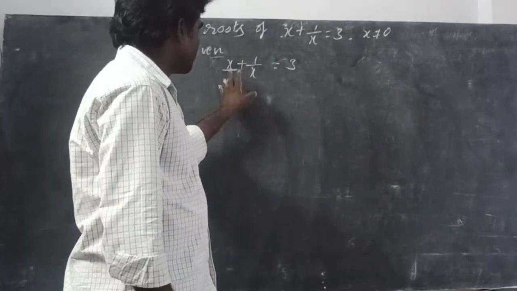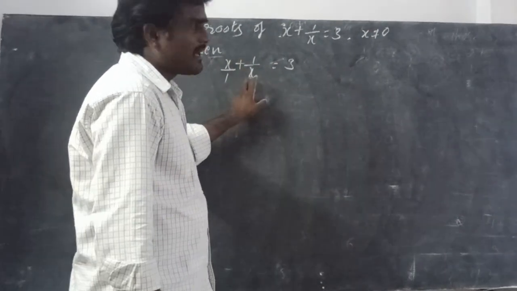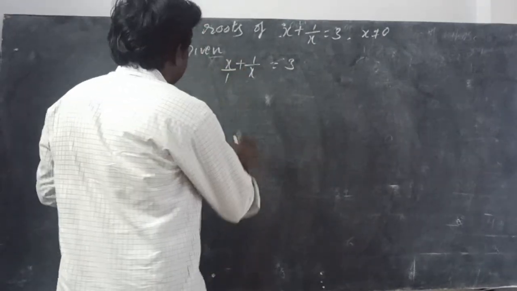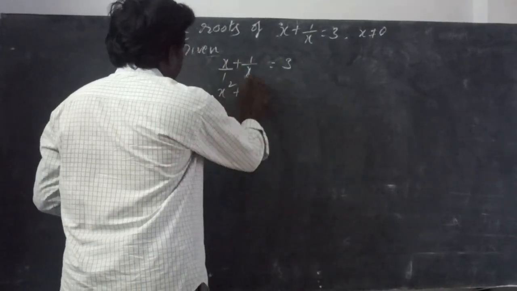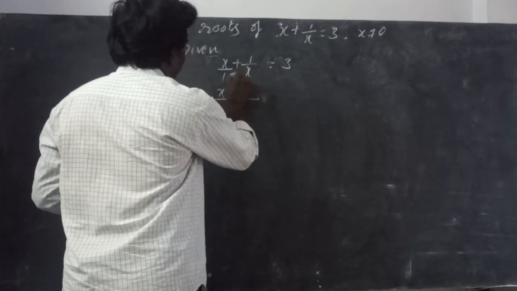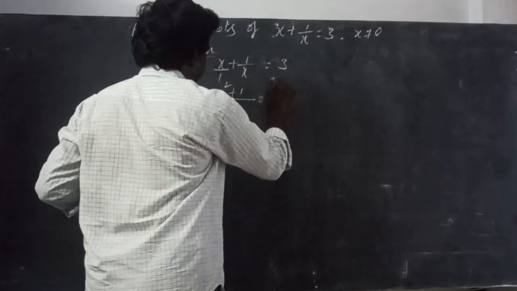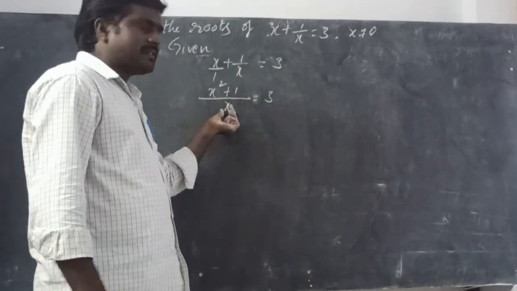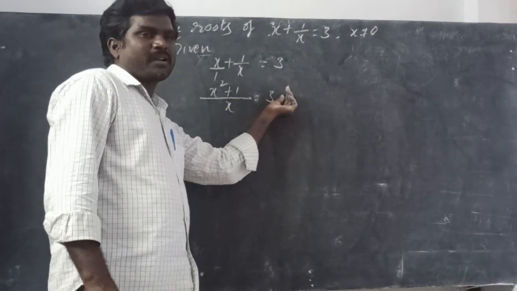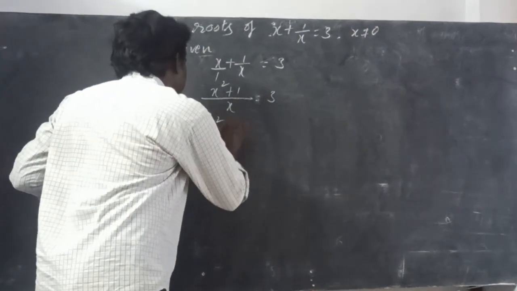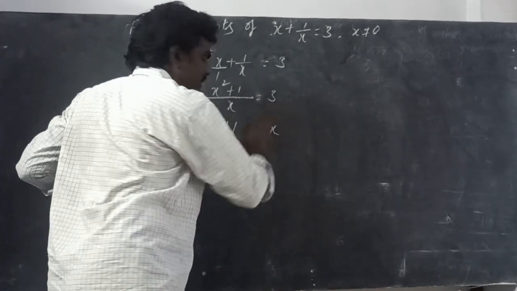These two are fractions, so we cross multiply: x into x, x square, plus 1 into 1, over 1 into x, is equal to 3. Here this x goes across and multiplies. So x square plus 1 is equal to 3x.